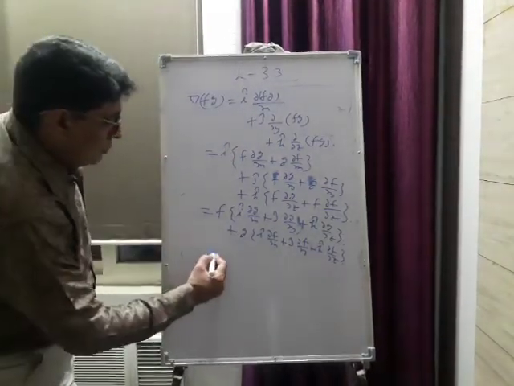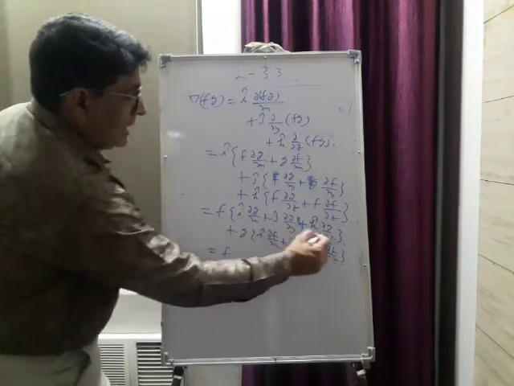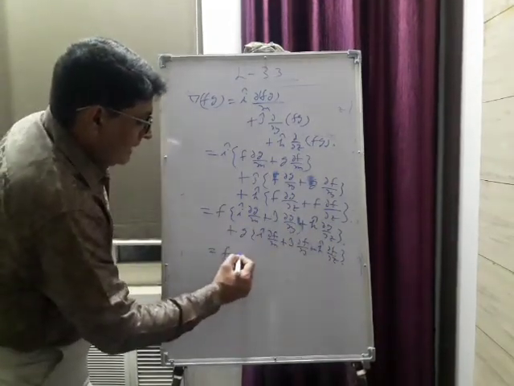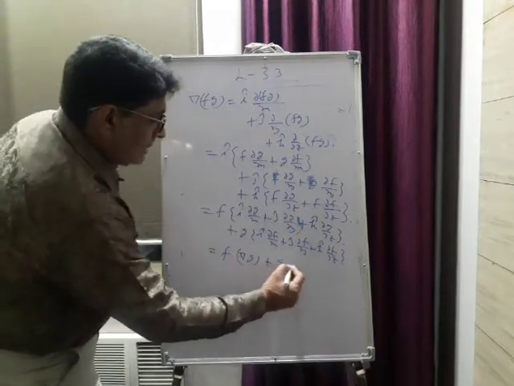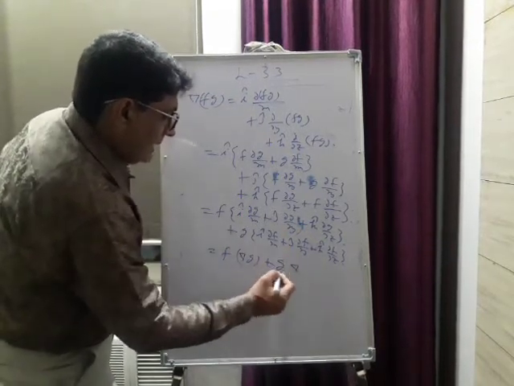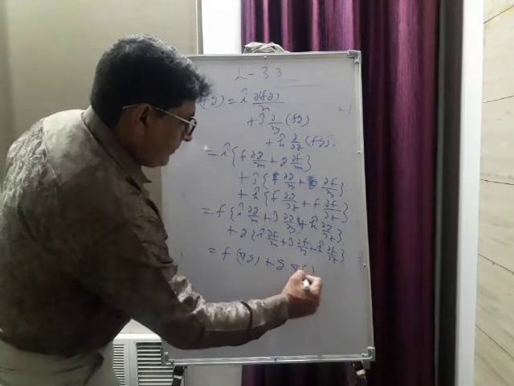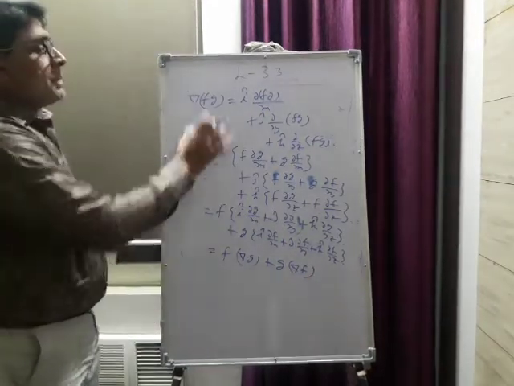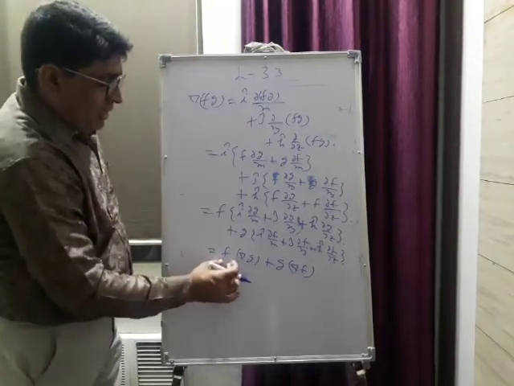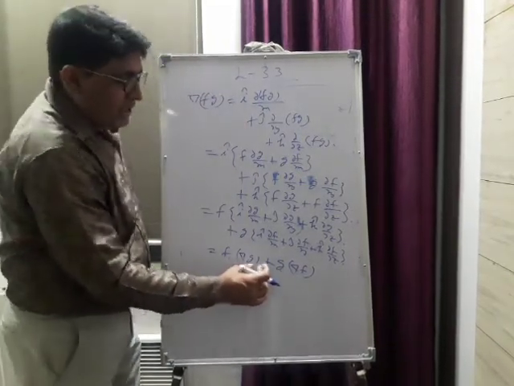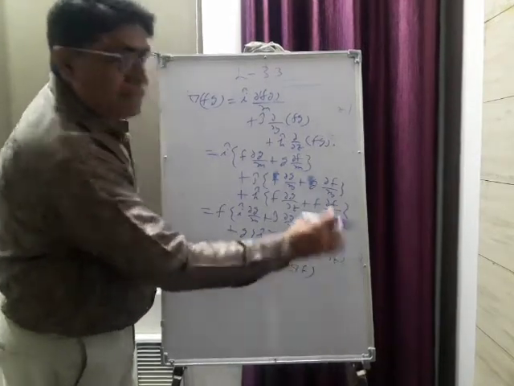So this becomes f, this is the value of del g, plus g, this is the value of del f. So this is the proof of gradient of fg becomes f gradient g plus g gradient f.